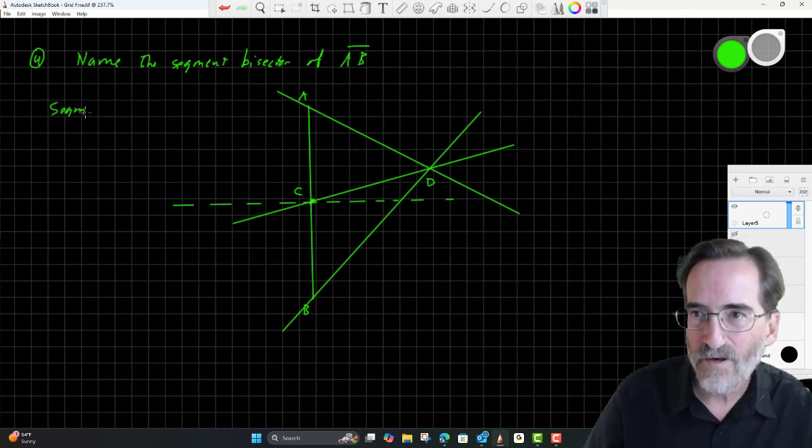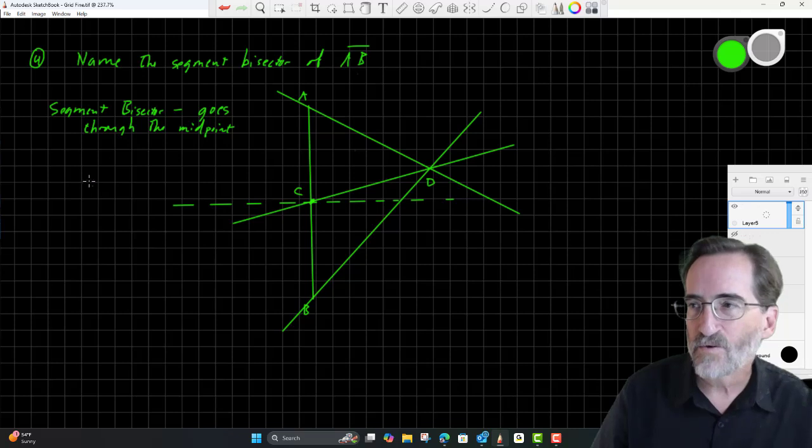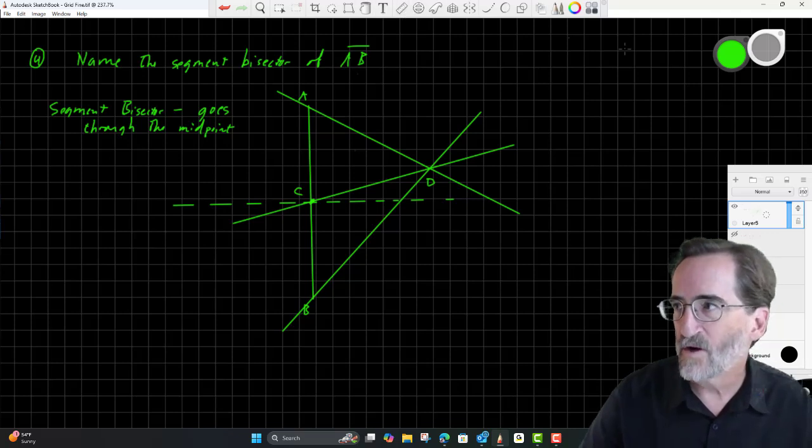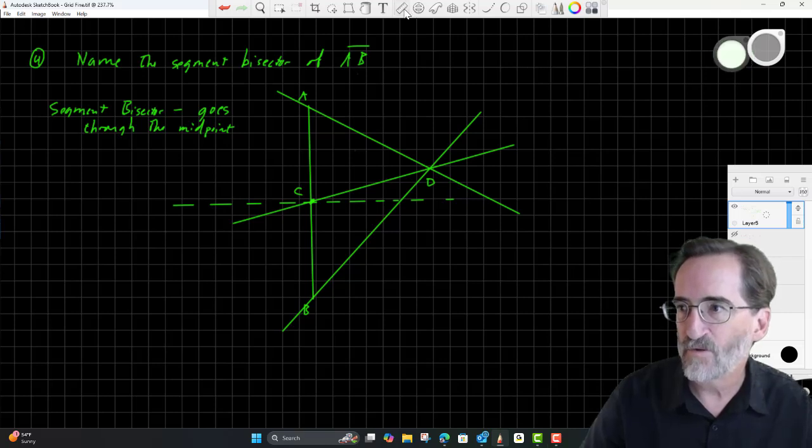let's define that. Okay, it goes through the midpoint. So if you look at it, there's only one segment that goes through the midpoint, and that is CD.